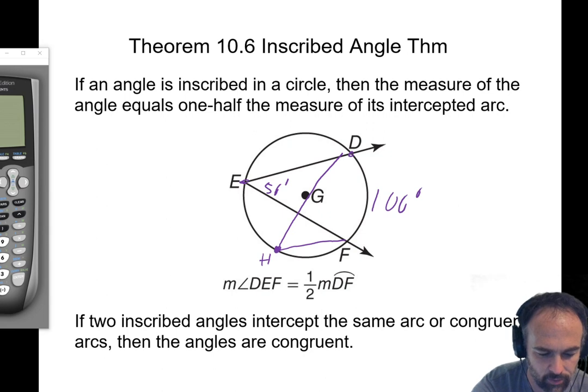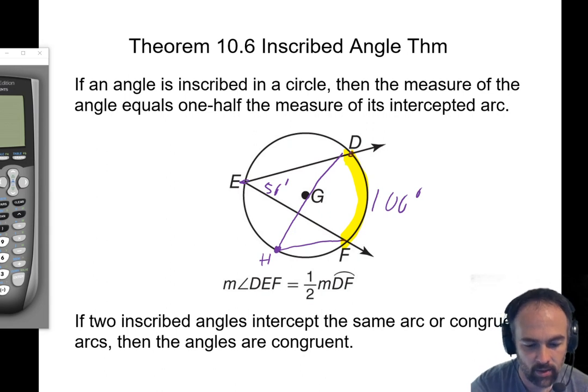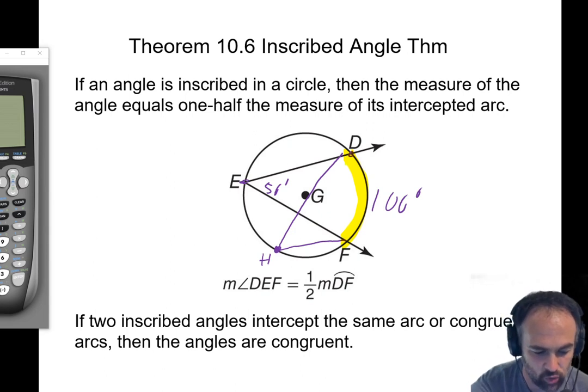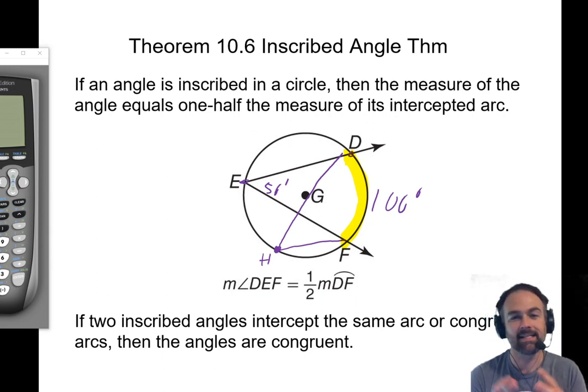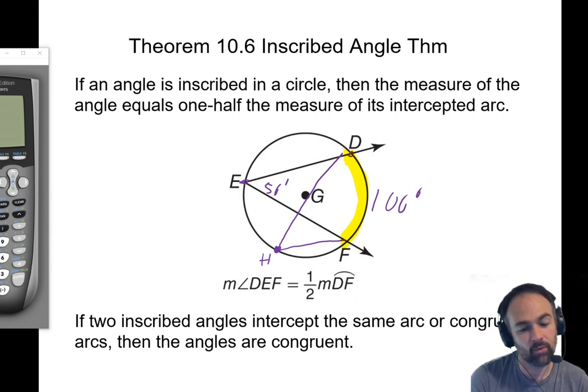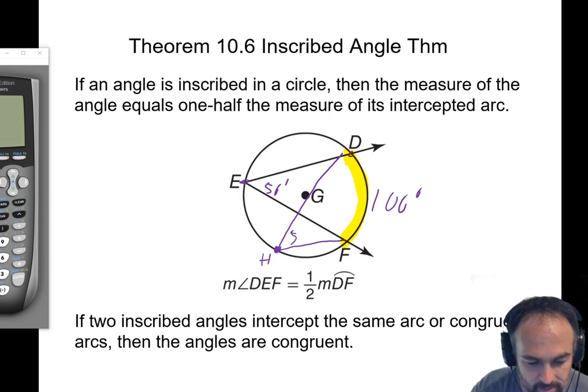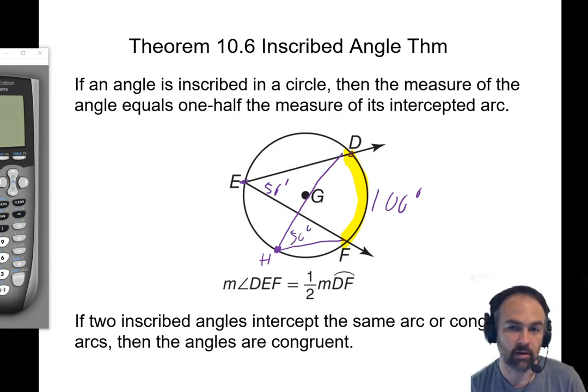You'll notice that DF is my intercepted arc. Now, angle E is the inscribed angle. We also know that H is now also an inscribed angle, and they both intercept the exact same arc. Therefore, this must also be 50 degrees.